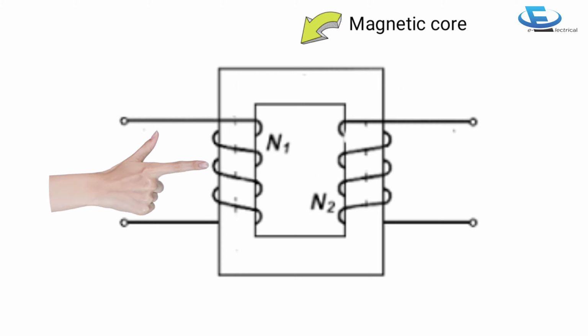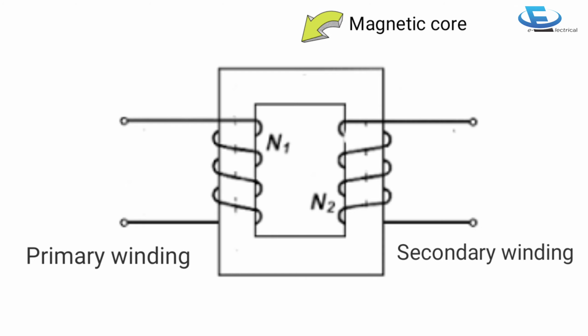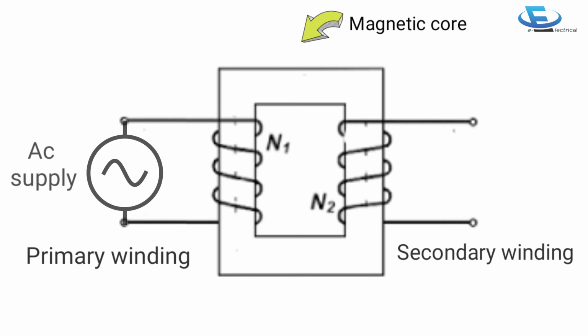This coil or winding is called the primary winding and this coil or winding is called the secondary winding. Now how to decide primary and secondary winding? Wherever there is a supply connected, that coil is called the primary winding, and wherever load is connected, that coil is called the secondary winding.